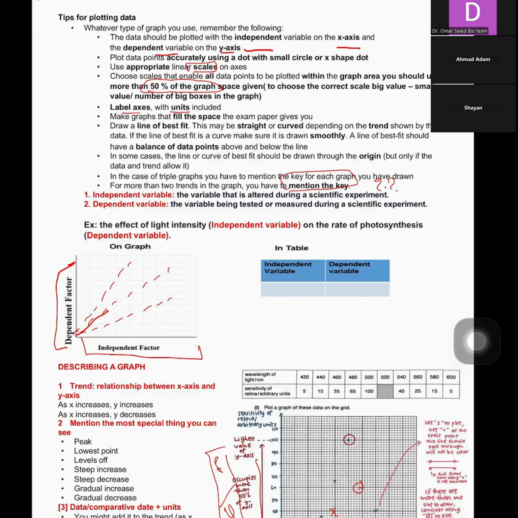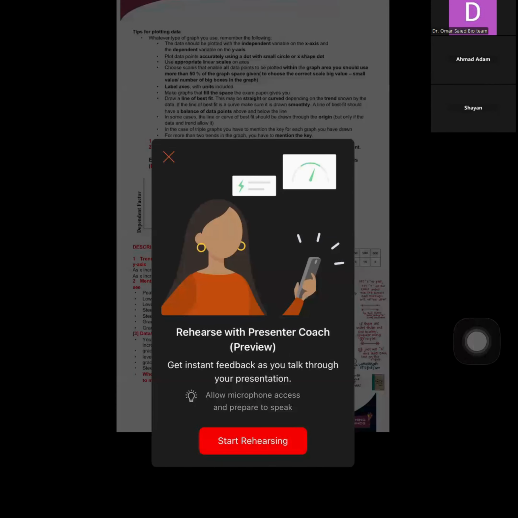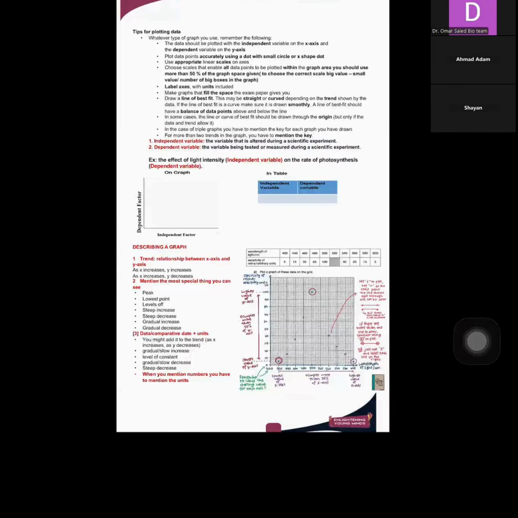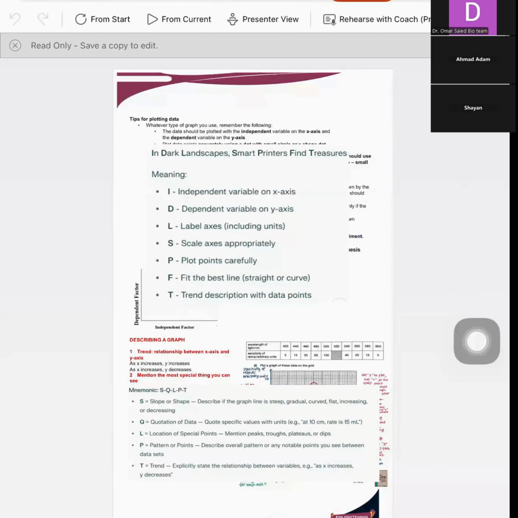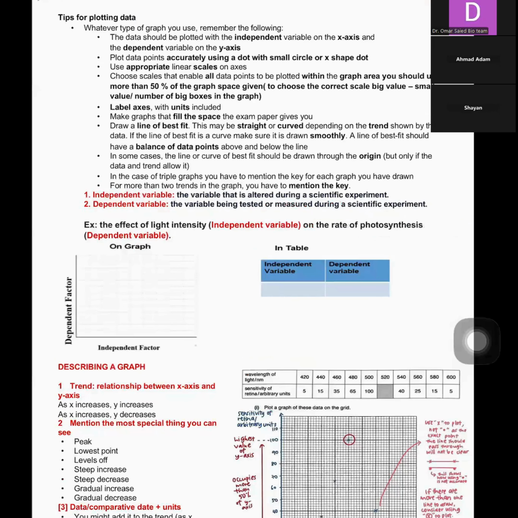Now, for example, sometimes the question is asking you to plot what? Plot temperature, plot pressure, for example, plot transpiration. Any three things needed to be mentioned. So you have to mention a key.